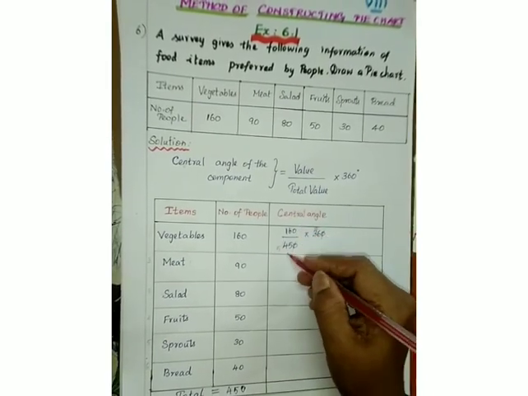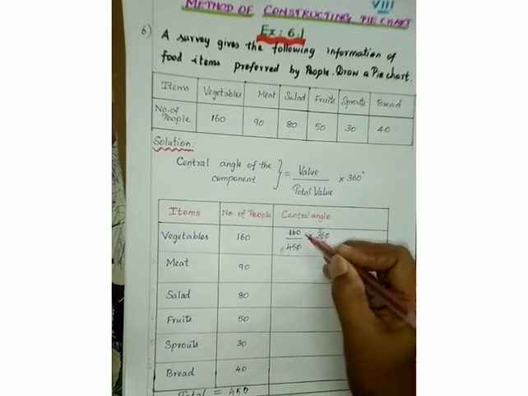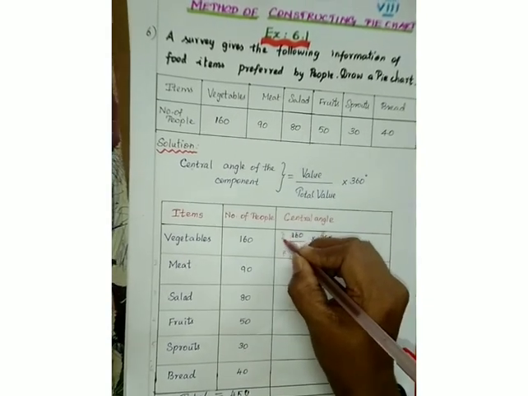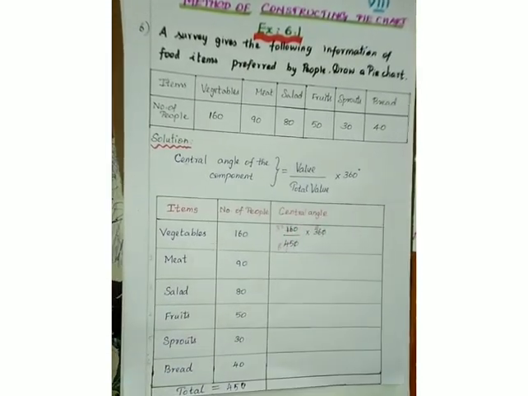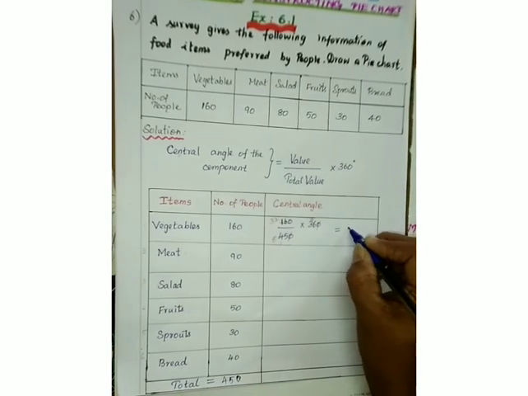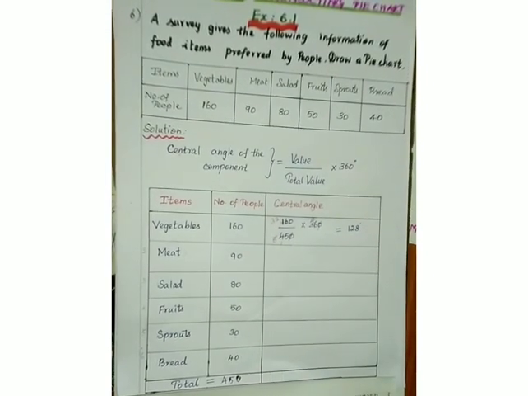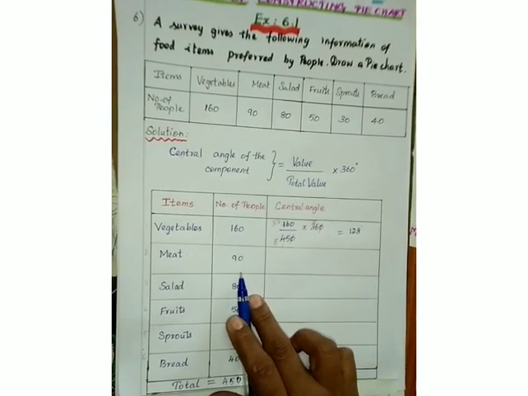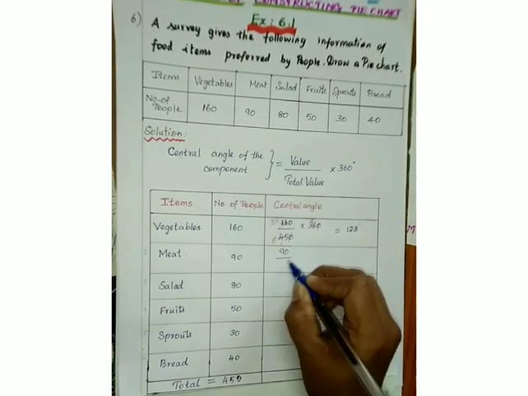Again 160 and 5 we can divide. 5 3s are 15, remainder 1, 5 2s are 10. So 32 into 4 is 128 degrees.